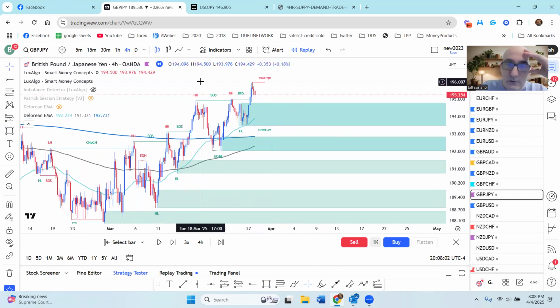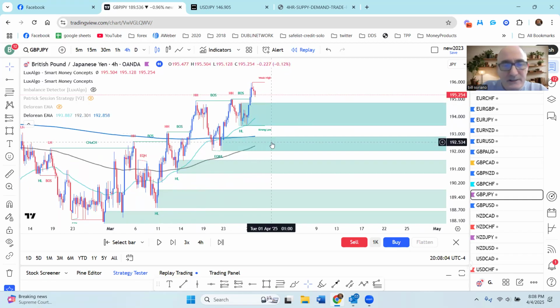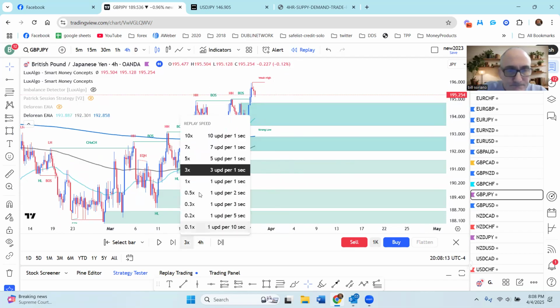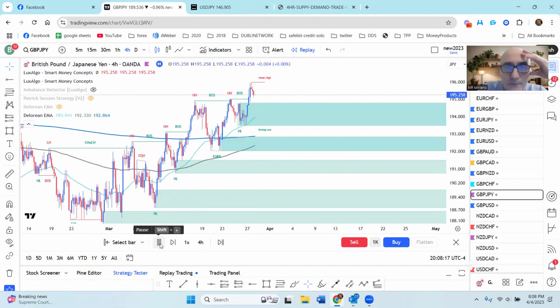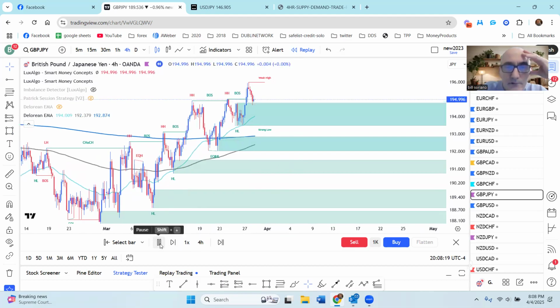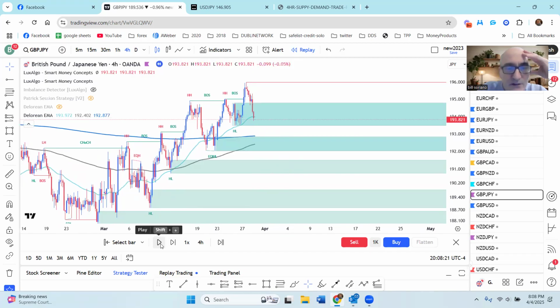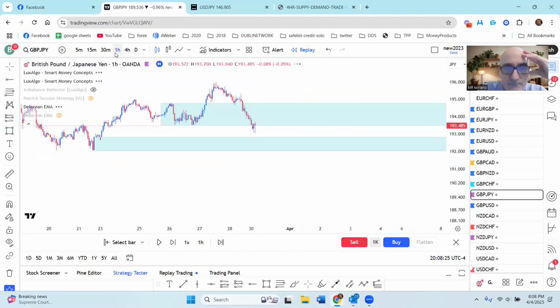And so let's just see what happens as price moves down into this first zone here, right? Okay, price moves down into that zone, right? So we would drop down to the 1 hour time frame.